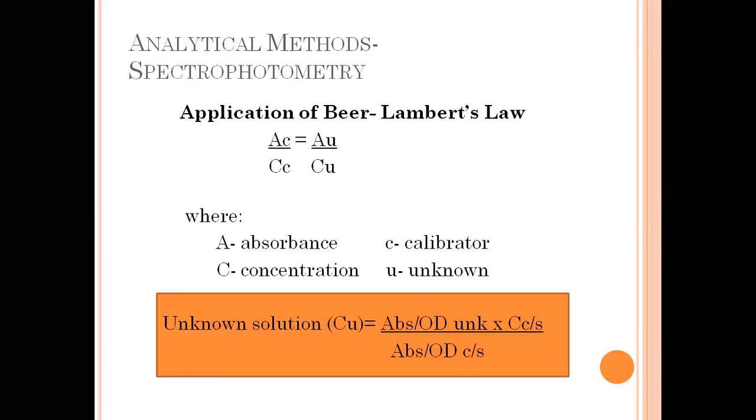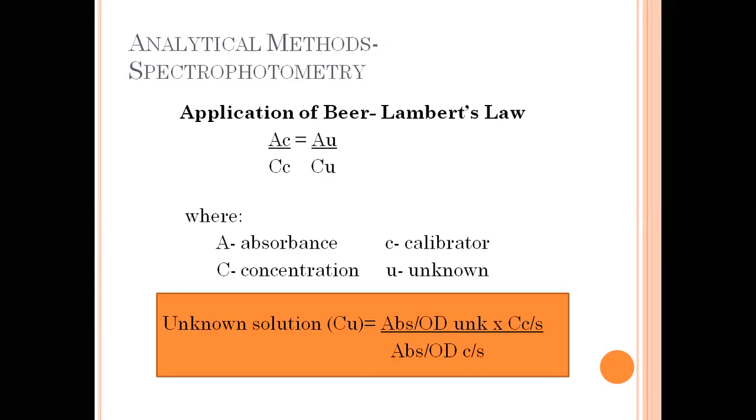Kindly take note of this formula because you're going to use it whenever we proceed with analyte measurement, since the question is always what is the concentration of the unknown. For example, for glucose, I'll give you the OD of the unknown because that is what I measured on the spectro. So you have to compute for the concentration.